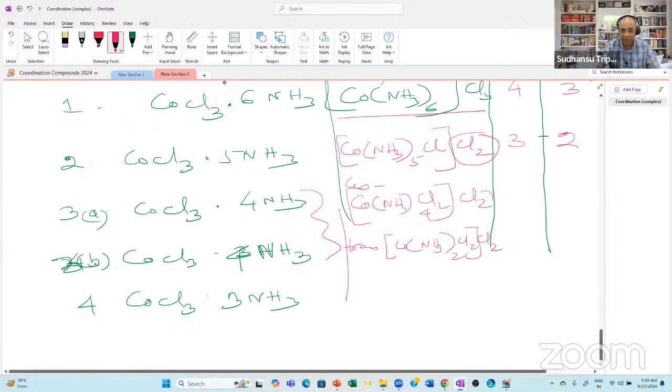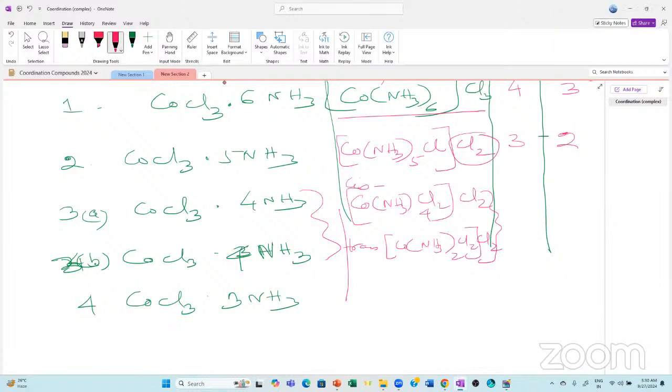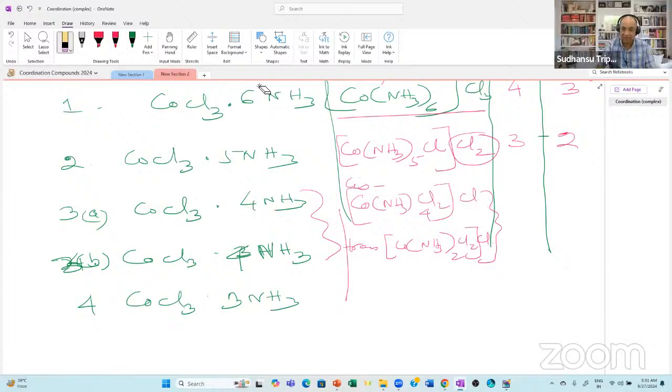Tell me, each of them will produce how many total number of ions? Only one Cl, I'm so sorry. Thanks, Udit. So only one chloride ion will remain outside the coordination sphere, and two chloride ions will remain inside the coordination sphere, which will not be precipitated.